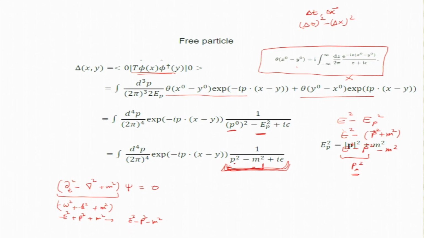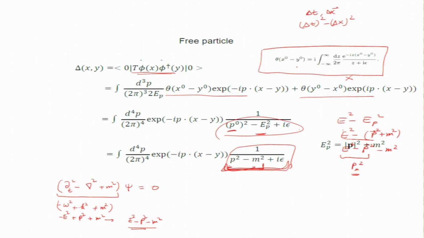So, this is what I got here, E squared minus P squared, which is here. So, this is not basically, it is exactly this. This is the Green's function and we derived it with the partial differential equation. So, with all this machinery, we basically get the same Green's function.